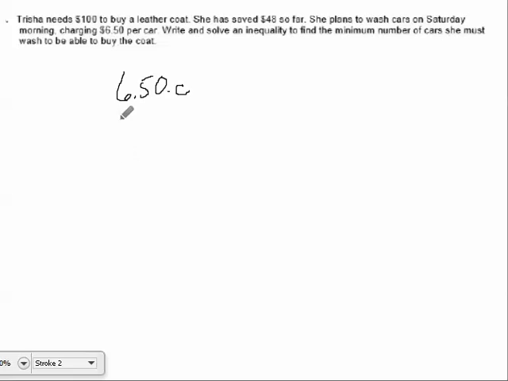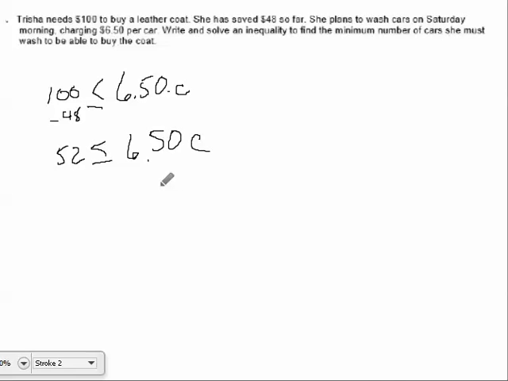And she wants to have $100 total, right? So she wants to have this be greater than or equal to $100, but she already has $48. So I'm going to make certain that I subtract that $48 here. So that's going to give me $52 is 6.50 times cars.